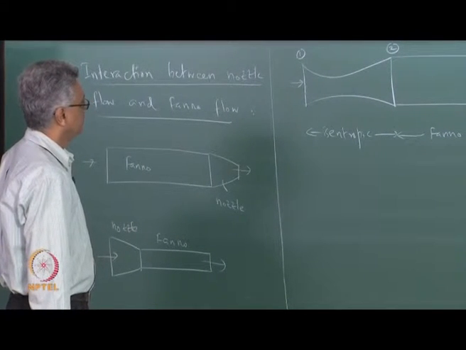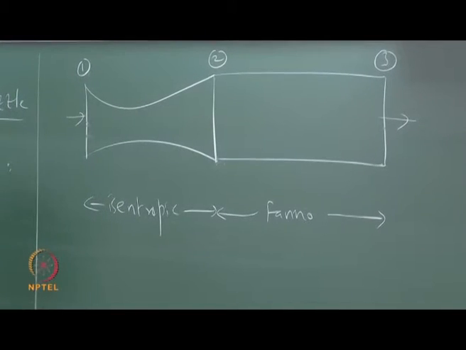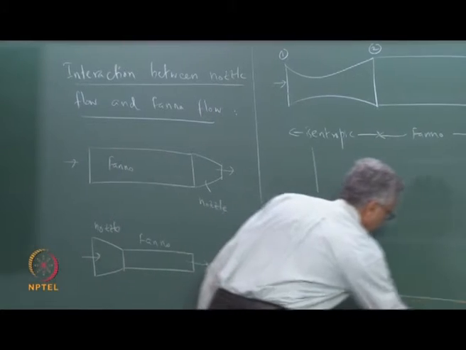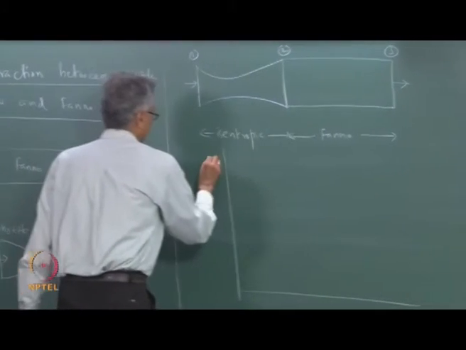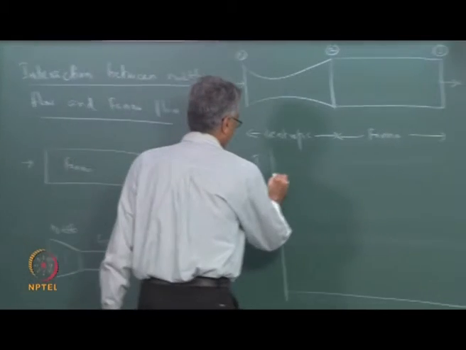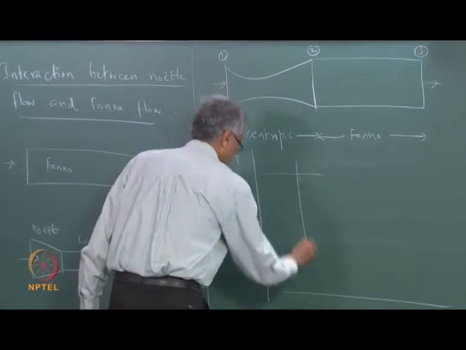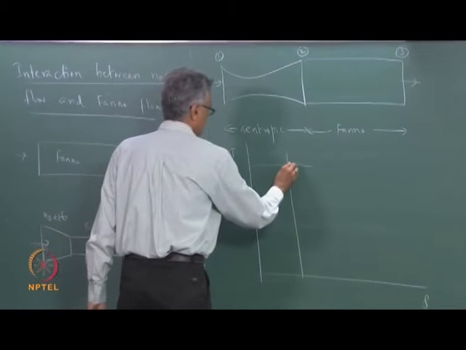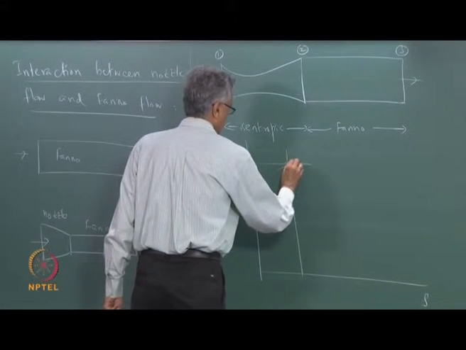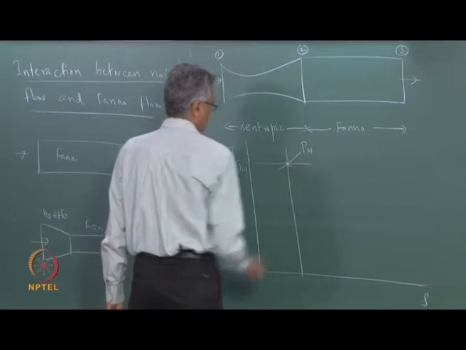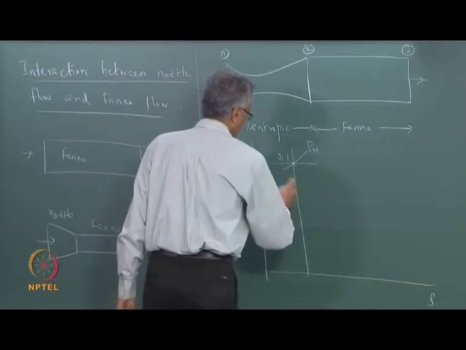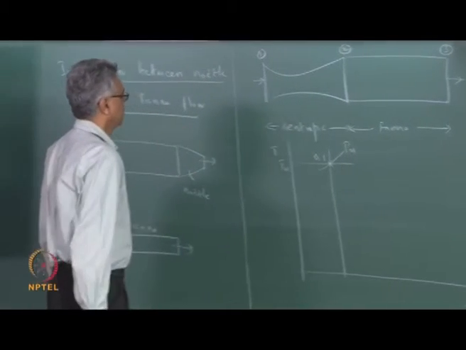So, if I sketch the process on a TS diagram, the diagram would look something like this. Let us take a TS diagram, and let us say that this is my initial stagnation state. Let us say this is T01, and let us say this is P01, so that this is stagnation state 01.